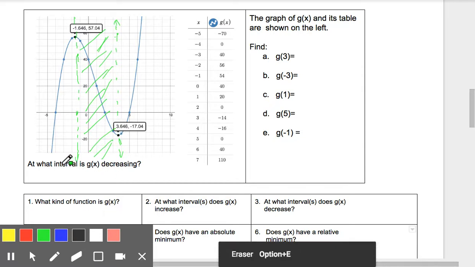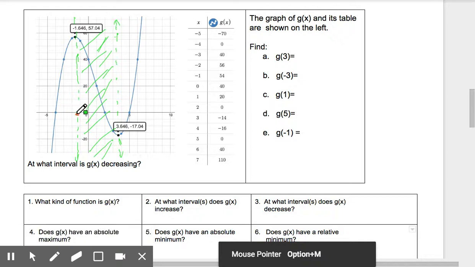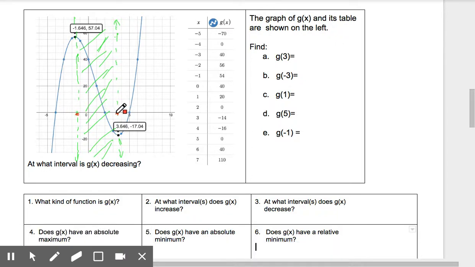Okay, so how do we describe that interval? That is from this point to this point. So we describe this interval as, if I have numbers here that I will call x, I will say that x is on the right side of negative 1.646, or negative 1.646 is on the left side of x, and x is on the left side of 3.646.